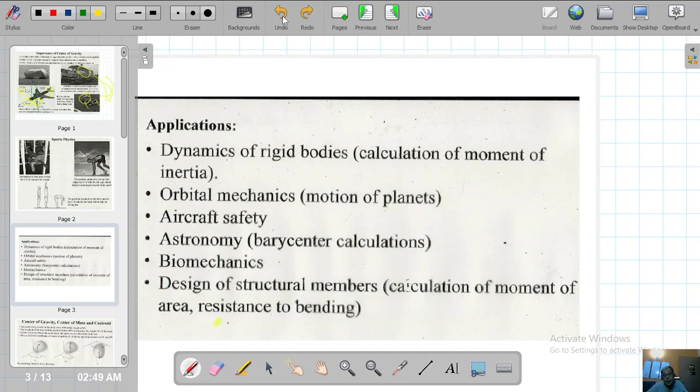Moment of area, actually, to be precise, it is the second moment of area, which is defined as the resistance to bending. Okay, so moment of inertia is equal to I, and if we see these formulas, I is equal to, I think, m r square.